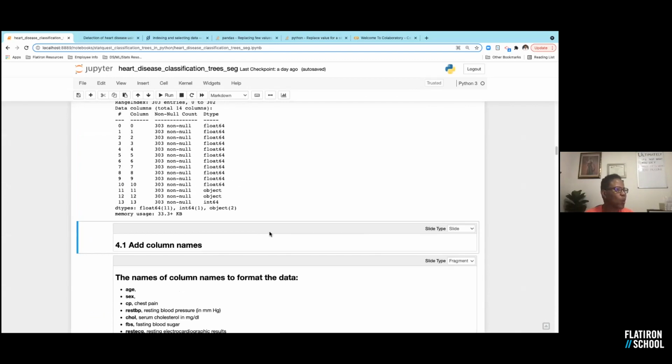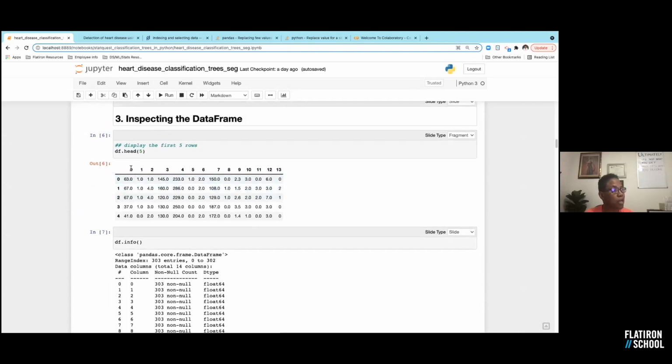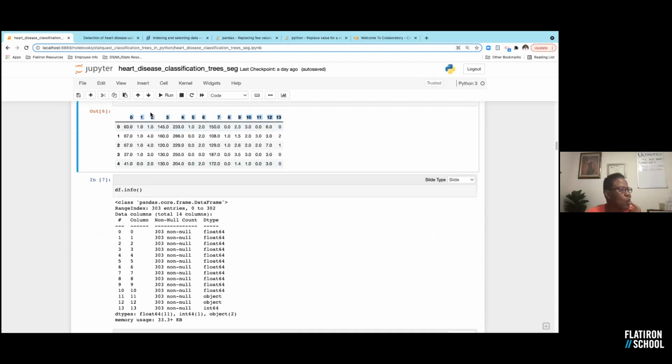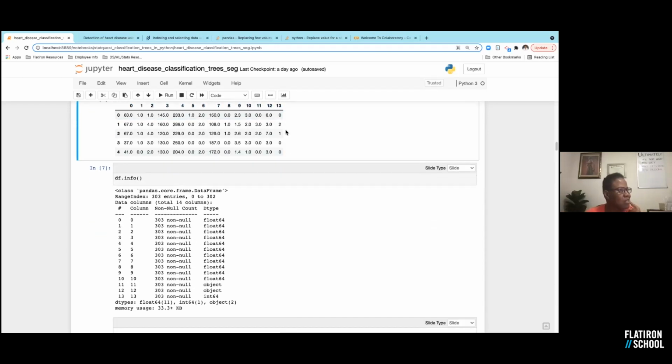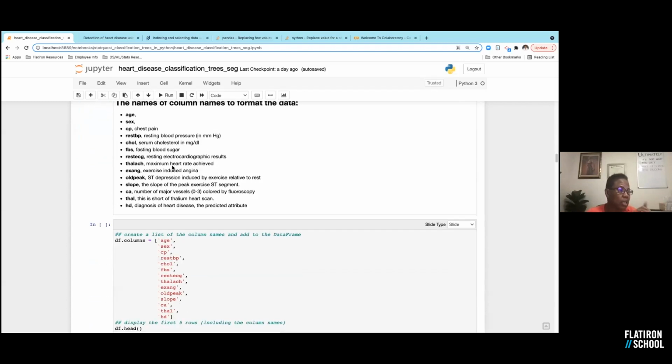But we noticed that when we looked at the data frame, we only saw numbers, right? These are the things that you have to check before you start modeling the data. So now we know we have the column names as numbers, but we do have the list of the columns. So now we have to add these names to our columns, right?